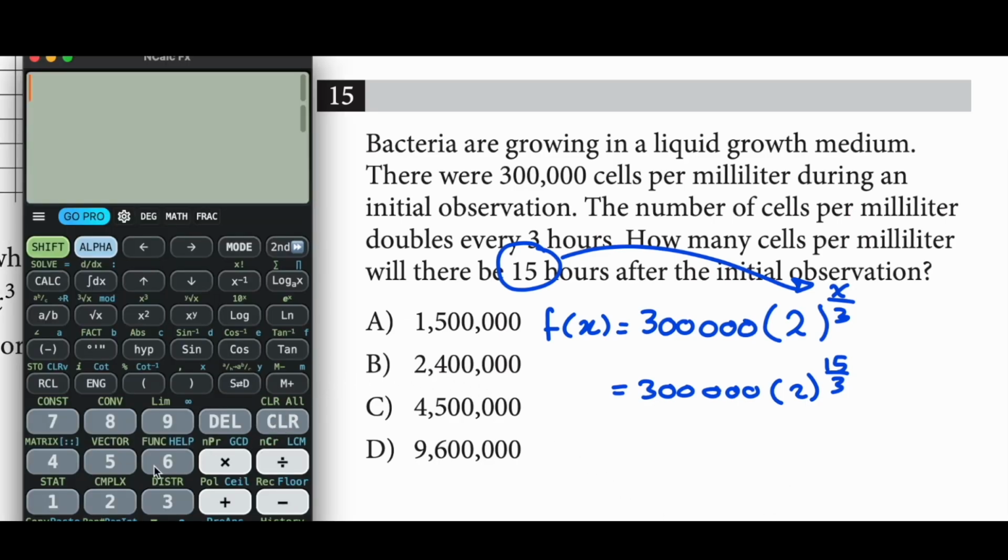We can use the calculator to find the final answer. It will be 300,000 times 2 raised to the power of 5. So the answer is D.